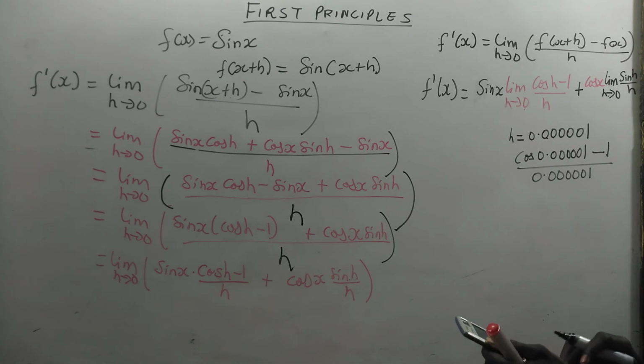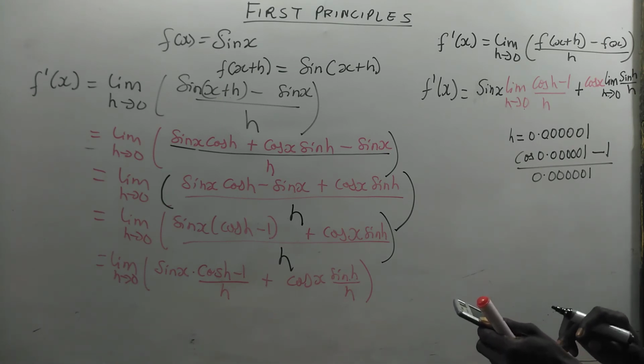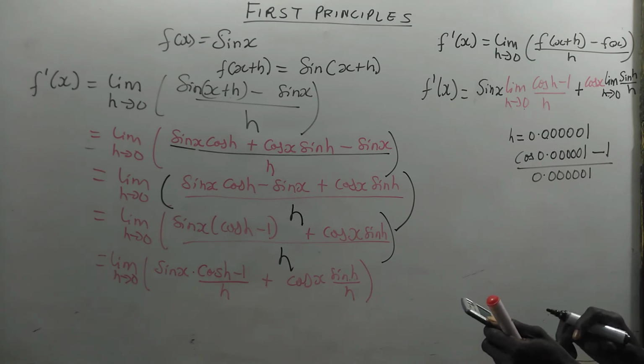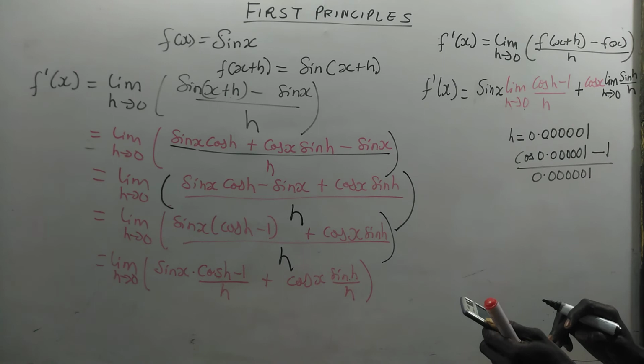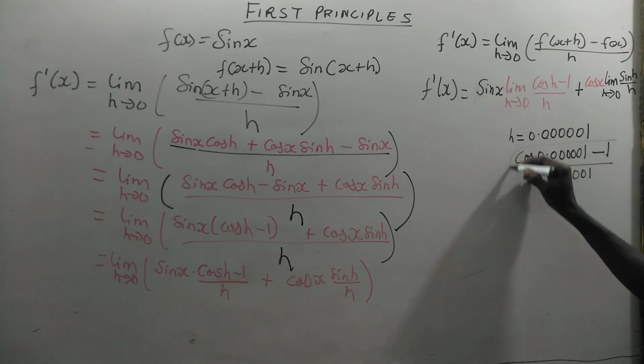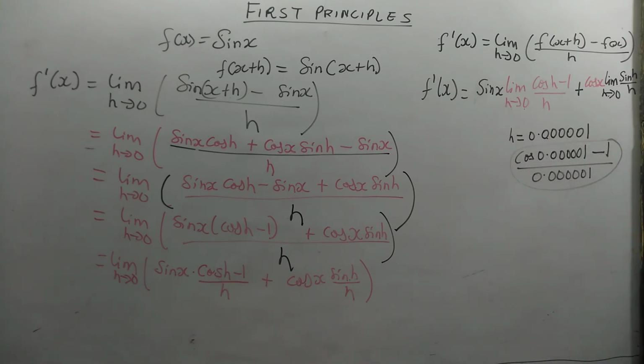So cosine of 0.12345 minus 1 divided by 0.12345. You see that this one will be 0. Very simple as that.